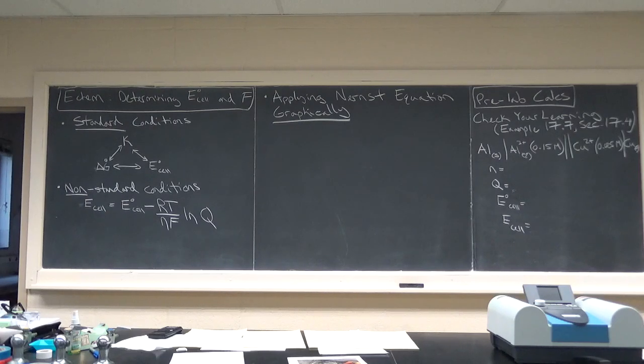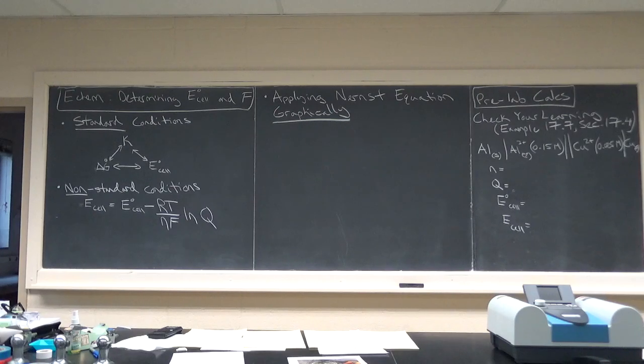There's an example 17.7 that goes through how to do things and then gives you an example and then asks you to calculate the number of electrons transferred, the reaction quotient, the standard cell potential using the tables in the back of the book, the appendices, which we'll get to a little bit later, and then also the cell potential under non-standard conditions. And we're going to use that problem as a basis for doing some other ones. Actually, that example mirrors almost perfectly the example for the lab for next week.